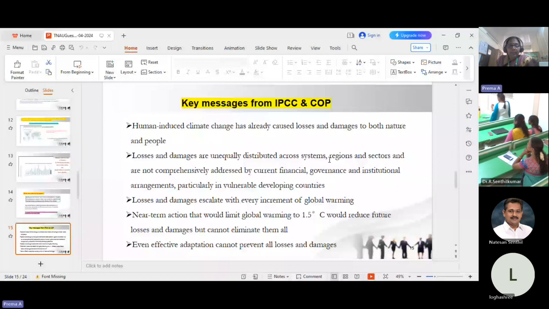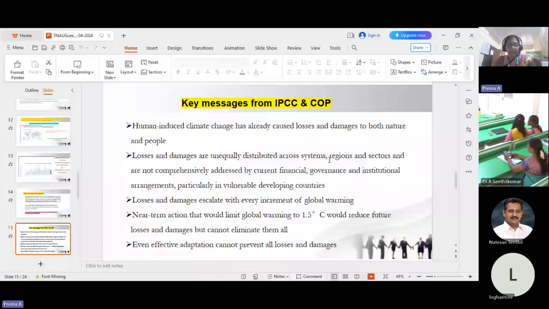They are not comprehensively addressed by the current financial governance and institutional arrangements, particularly in vulnerable developing countries. Losses and damages escalate with every increment of global warming.